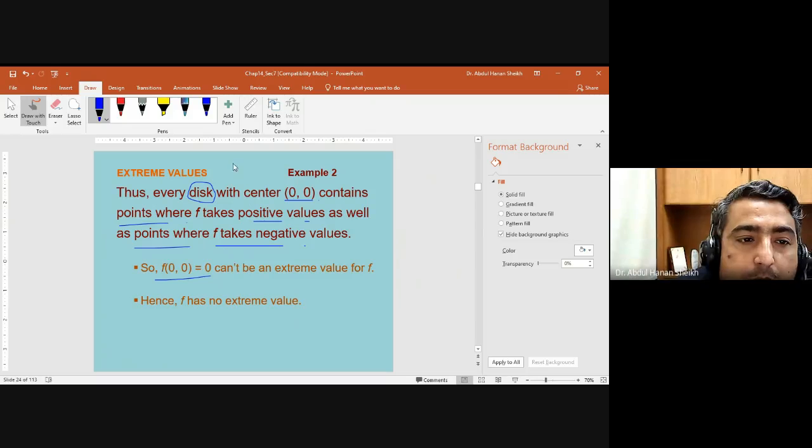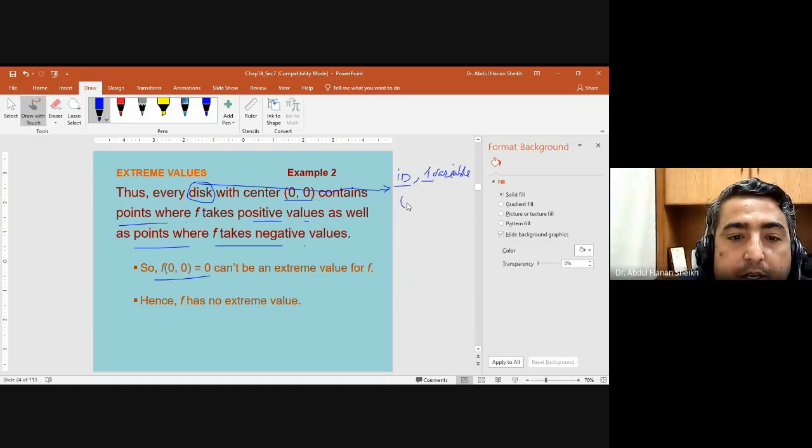So in 1D, or in one variable, we write an interval, x belongs to, let's say, a comma b.